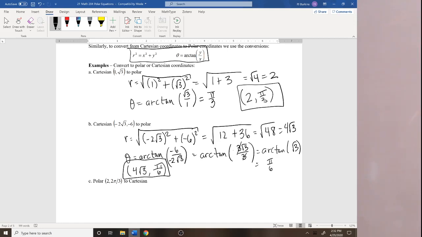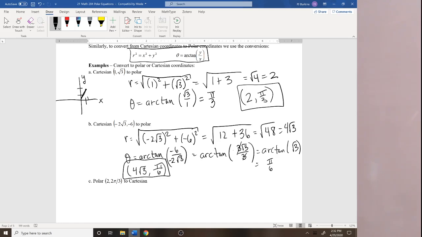So let's see if this makes sense. The Cartesian point is 1, square root of 3. So x is 1. Square root of 3 is almost 2, right? So it'd be a point like right here in the Cartesian plane. In the polar plane, we would have to measure the angle.